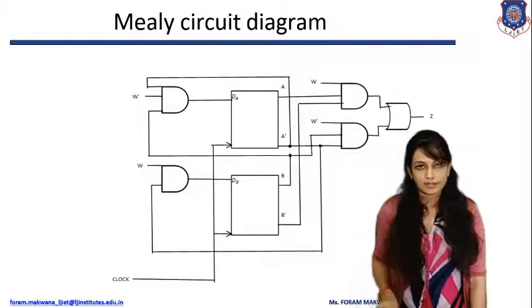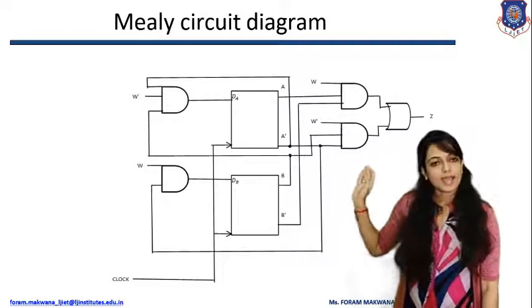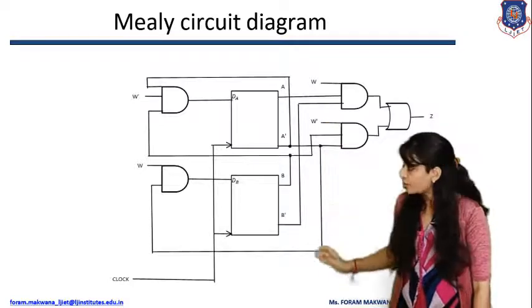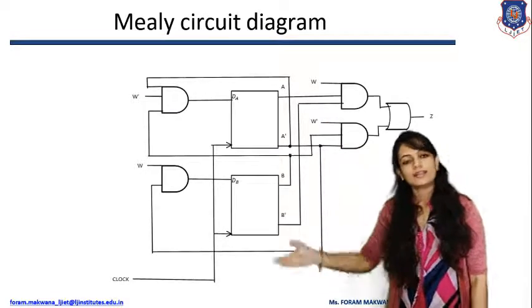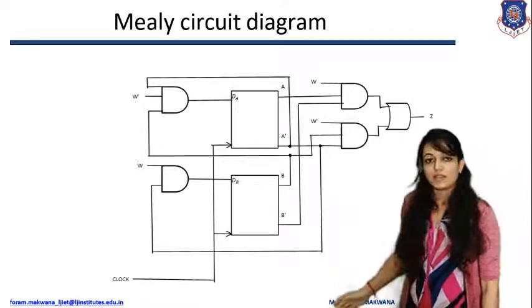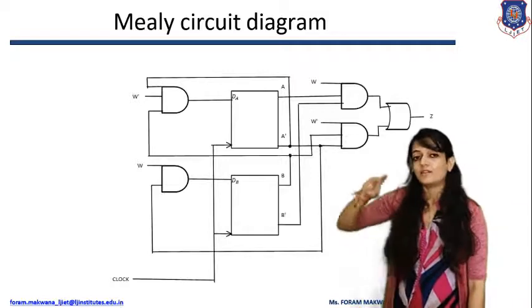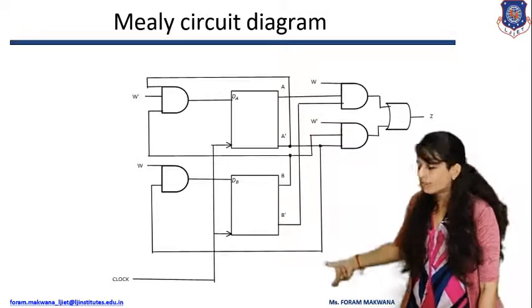And we know that a flip-flop is edge triggered, and it is triggered for either the positive or the negative edge. Alright, so these two are the flip-flops that we have used. Why two flip-flops? Because we have used two variables, A and B. So one is for DA, one is for DB.